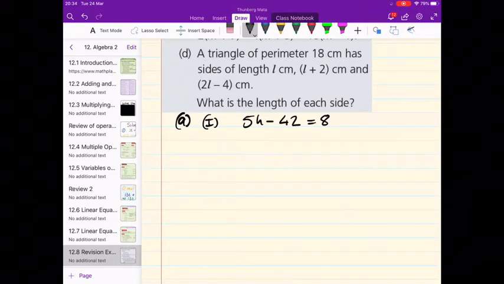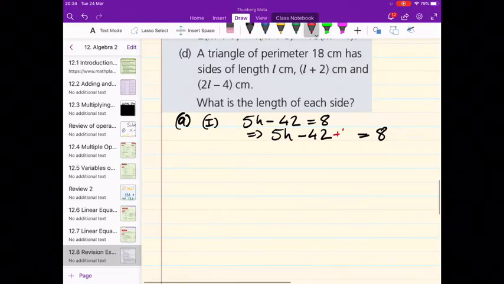In question 2, it starts much the same way with a simple linear equation to solve. So in our first one here, we have 5h minus 42 is equal to 8. So that negative 42 is on the left-hand side of the equals, and we'd prefer if it was on the right. Because it's negative, we'll add a positive 42 to both sides.